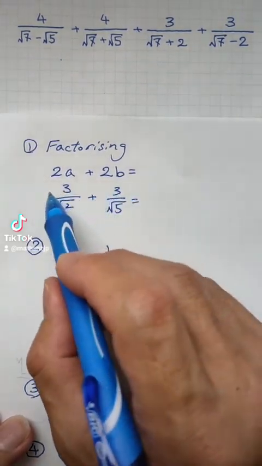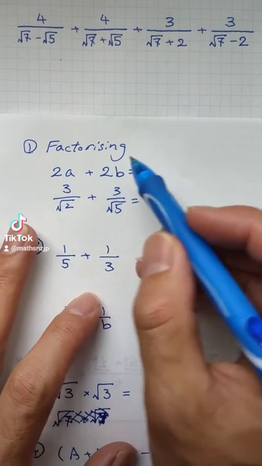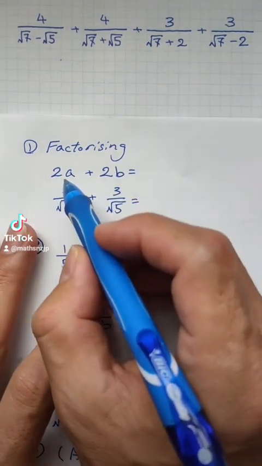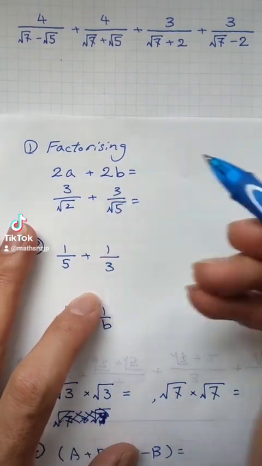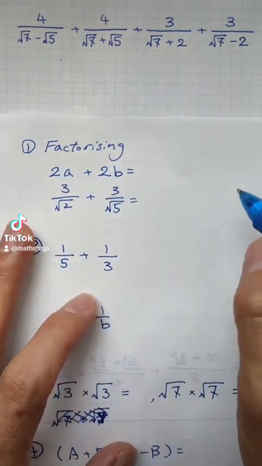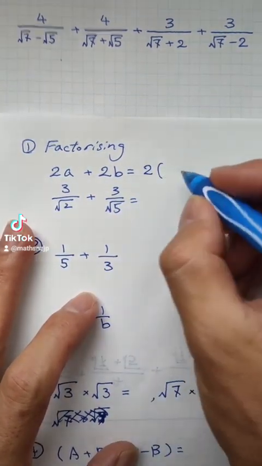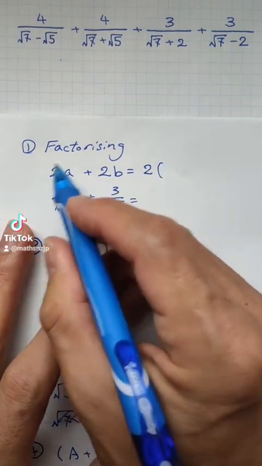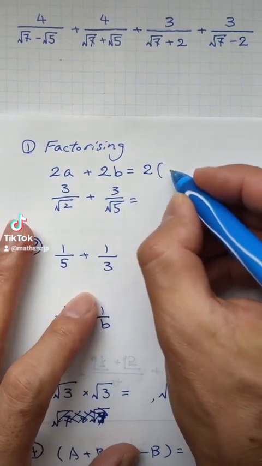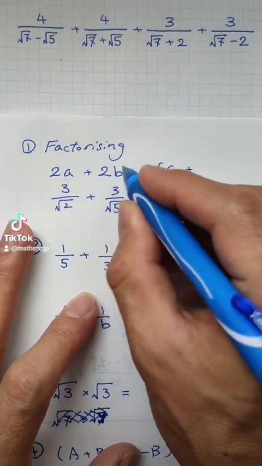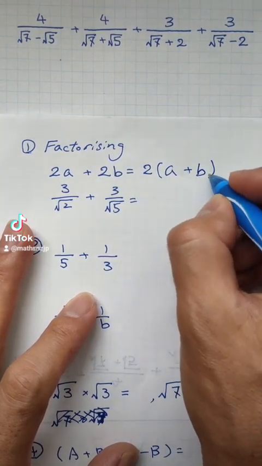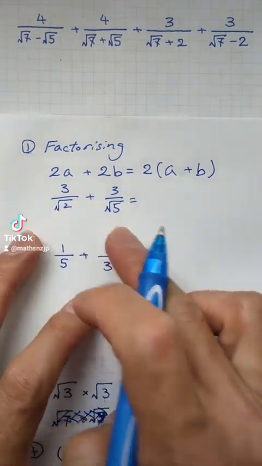First skill is factorizing. If you see 2 times A plus 2 times B, you can factorize like this: 2 bracket, and then this divided by 2 is A plus this divided by 2 is B. What about a fraction?